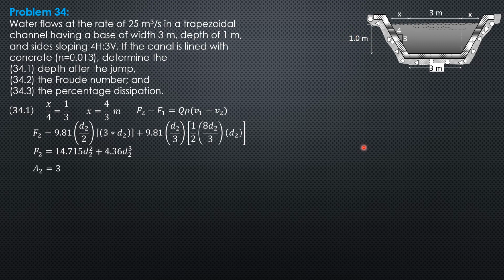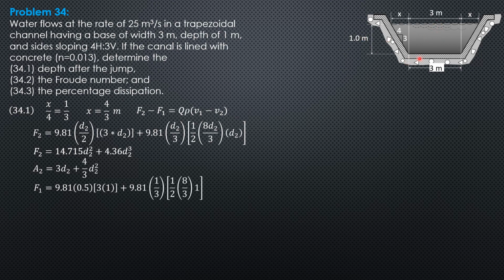So F1, area 2 is, by the way, 3 depth 2 plus 1/2 of 8 depth 2 over 3 times depth 2. So that would be 3d sub 2 plus 4/3 d sub 2 squared. That's area 2. So F1 is 9.81 times 0.5 for 1 meter depth. Centroid is 0.5.